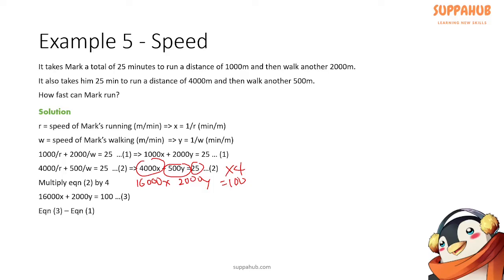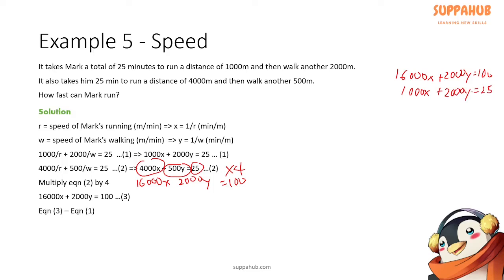Then after that, you have equation 3 minus equation 1. Equation 3 is 16,000 x plus 2000 y equals 100. This basically means that if I run 16,000 meters and walk 2000 meters, it takes 100 minutes. And equation 1 is 1000 x plus 2000 y equals 25.